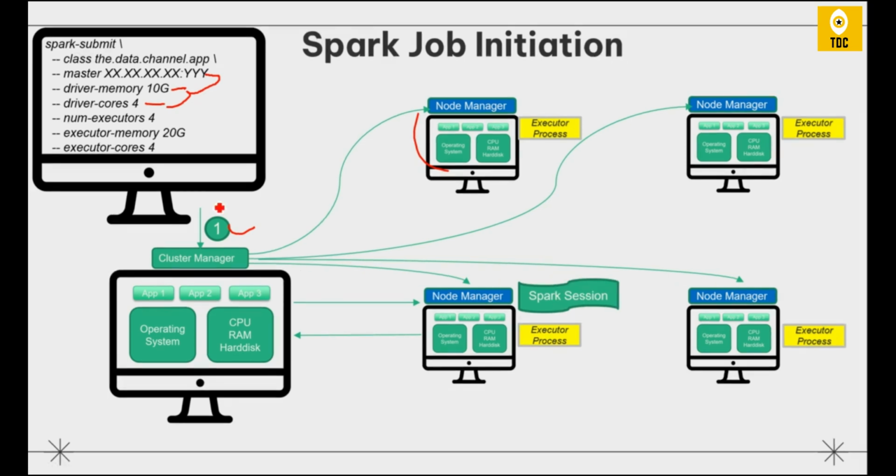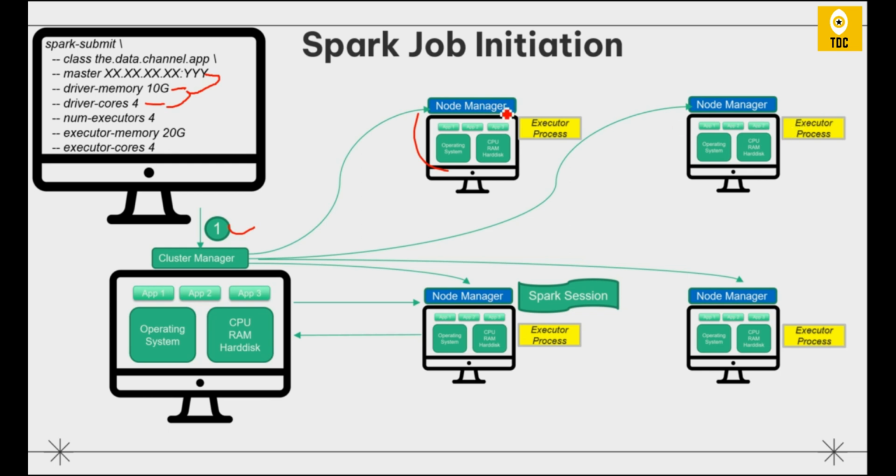If you are distributing that load, that means instead of one node reading the file and counting the words, you are giving it to four different nodes. The cluster manager is giving the task to the four different nodes via the node manager, and each of the nodes will take the task from the node manager and start its own executor process to process that file and count the number of words.